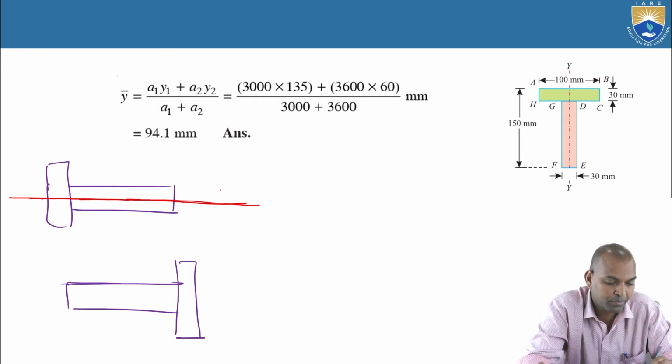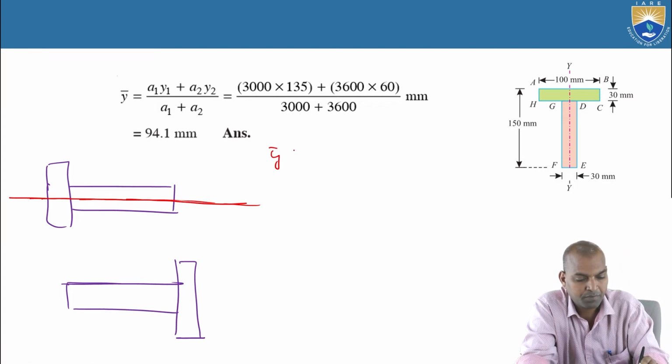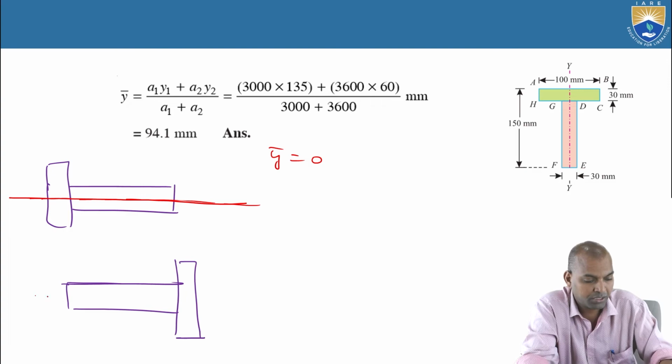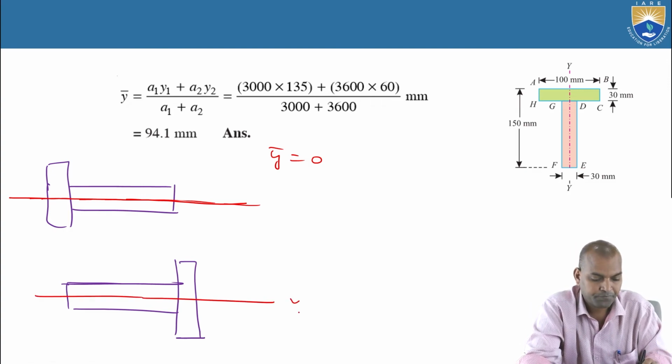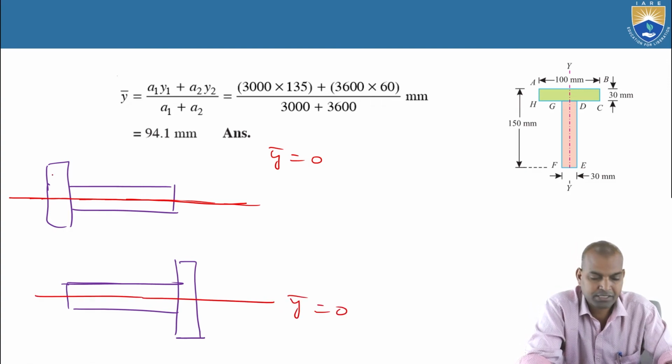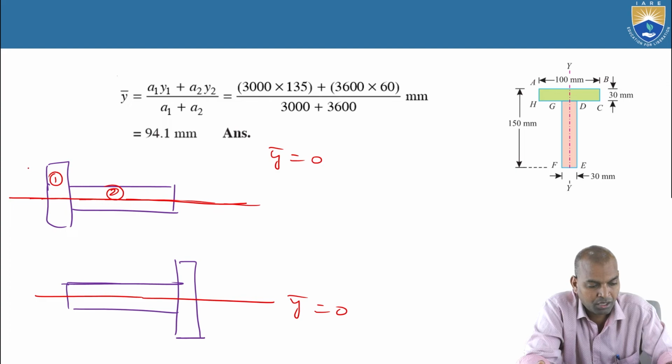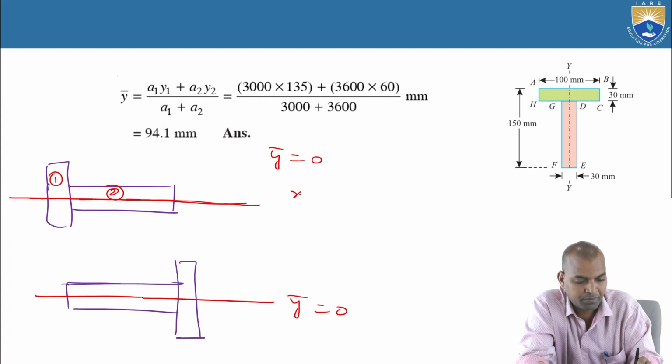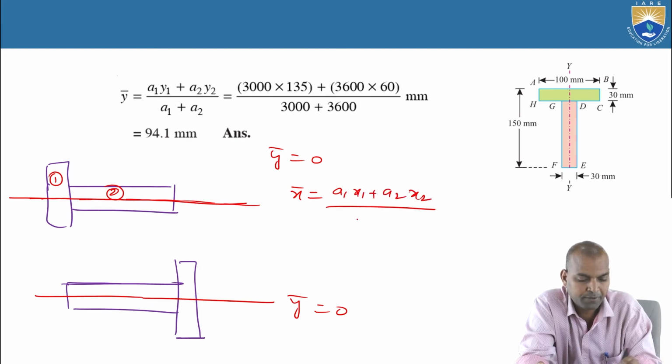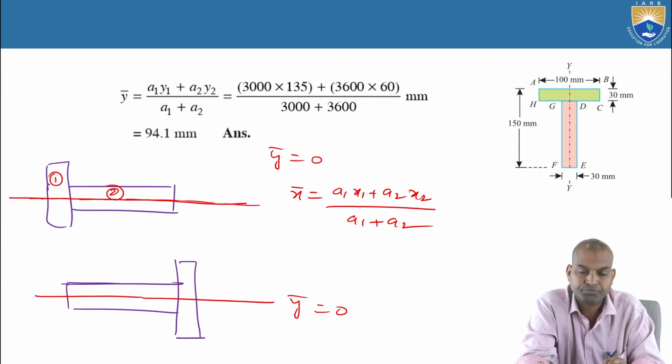Horizontal axis means bar Y, the vertical distance, equals 0 for both sections. What about bar X? For section 1 and section 2, bar X equals A1 X1 plus A2 X2 by A1 plus A2.